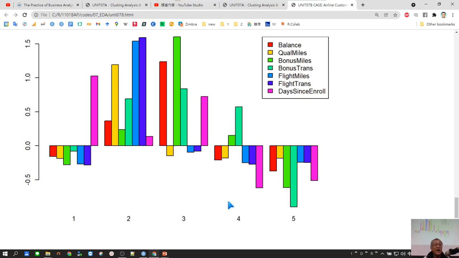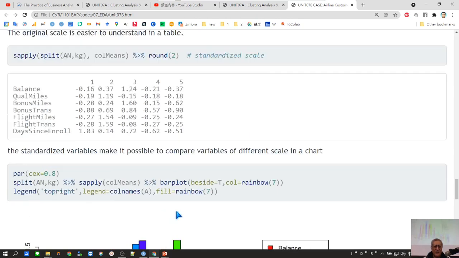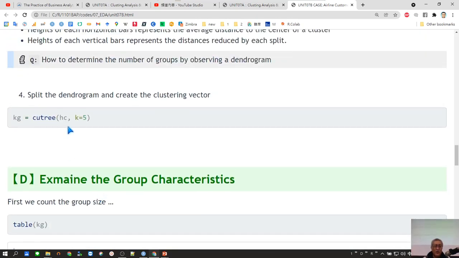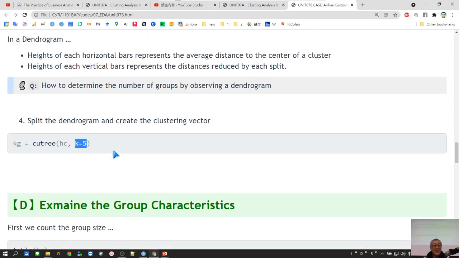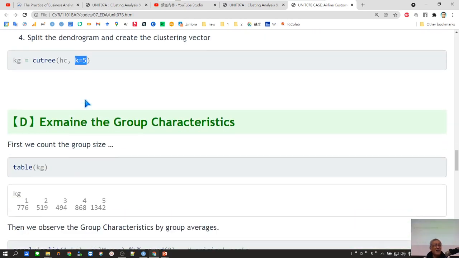So when we are doing clustering, usually, as I told you, to determine the number of groups, basically you do trial and error. After you acquire this clustering vector, you do not know the quality of clustering yet.